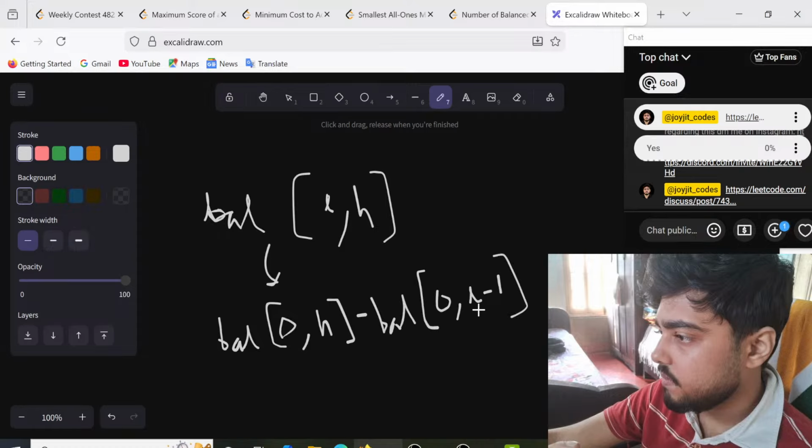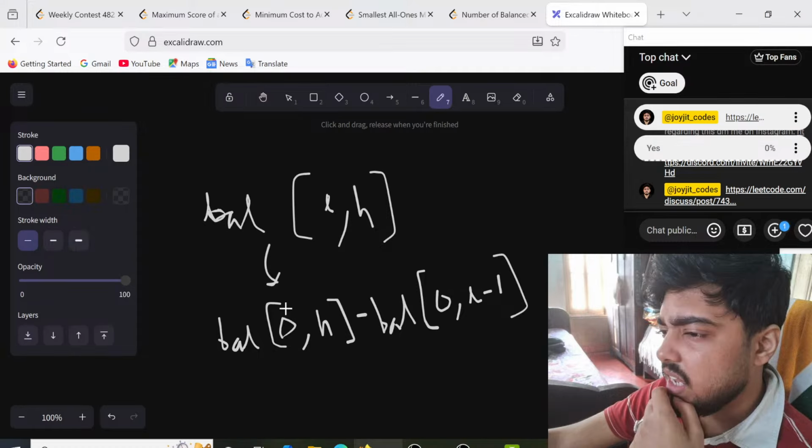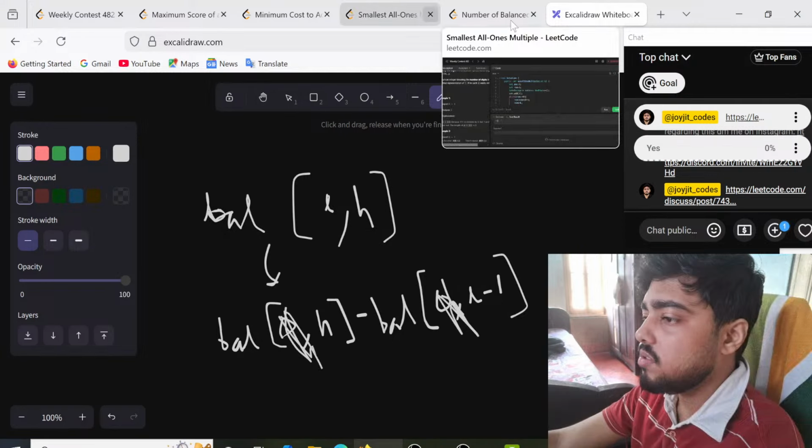This is what the whole thing is. So this 0 you can eliminate because it is the base. Over here also this 0 you can eliminate. So it is basically balance of high minus balance of low minus 1. This is what I have done also.